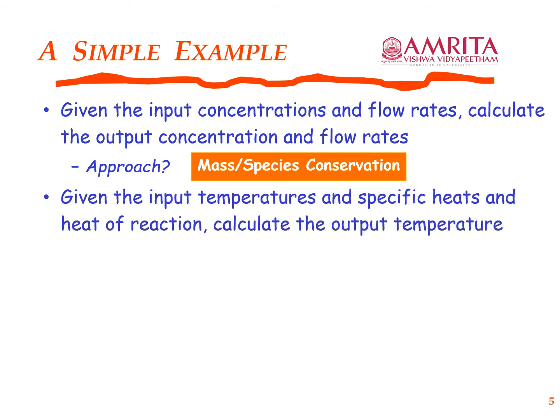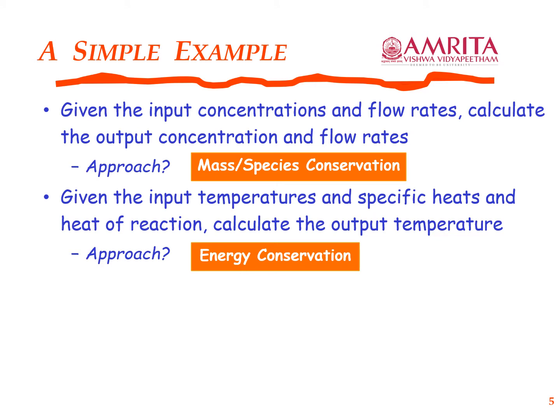Now, given the input temperatures and the specific heats and the heat of reaction, assuming that there is some amount of reaction between benzene and propylene to form cumene even in the mixer itself, can you calculate the output temperature? What would be the approach? You would write the energy conservation equation and calculate the output temperature.